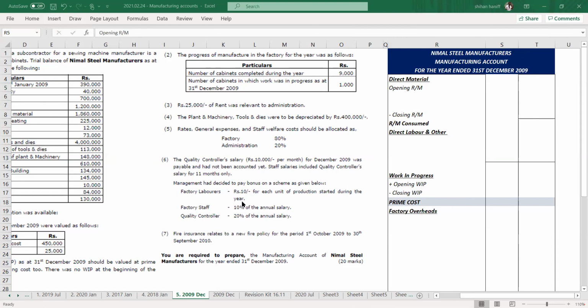I have sent this question on WhatsApp. Question number 5. Draw the format.